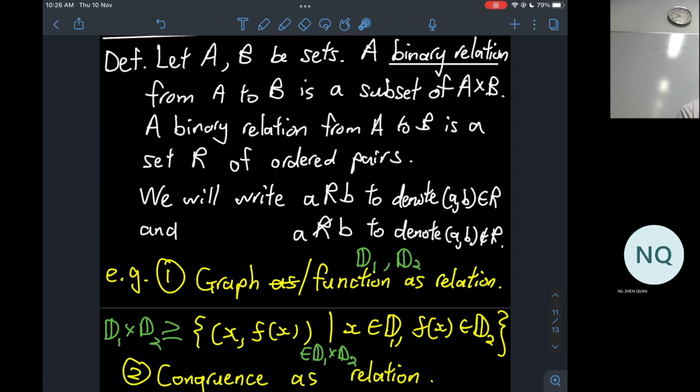Is this set a subset of the Cartesian product of D1 and D2? Yes, because any point in here, they are all points in D1 and D2. So it's a subset. Then you are done.